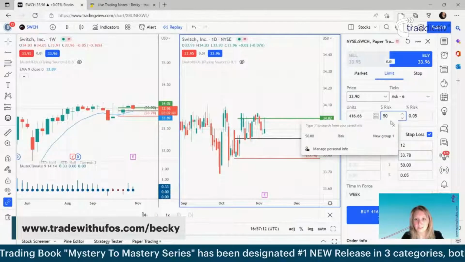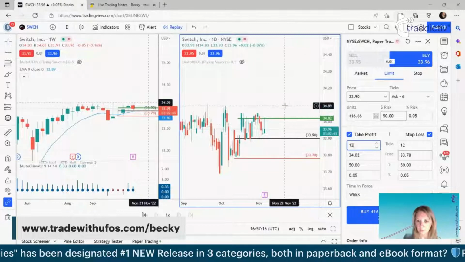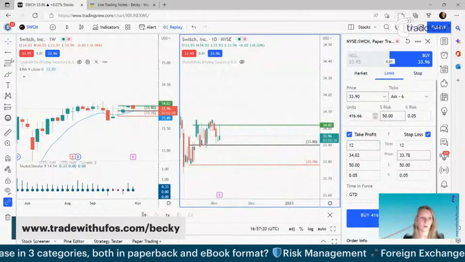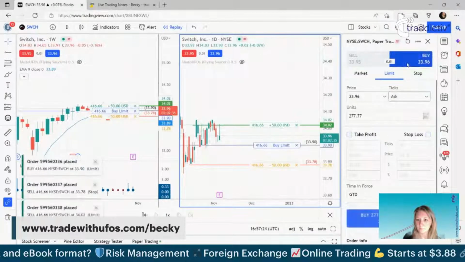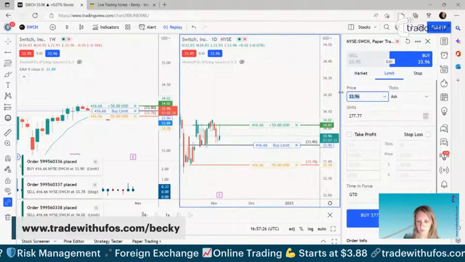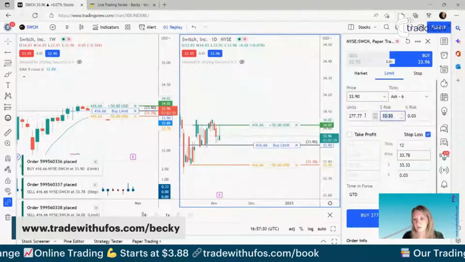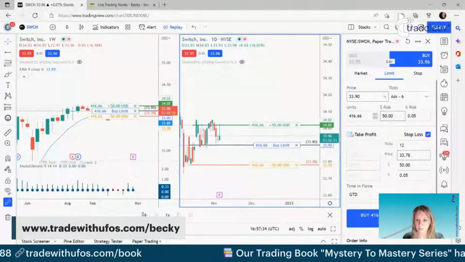There's only 12 cents of risk per share on this one. And really, the lower that risk, the more room we've got to put more or less shares on them. But of course, the price of the stock itself, depending on if you are day trading and you're using any leverage or not, will depend on the ability to place the trade as well.